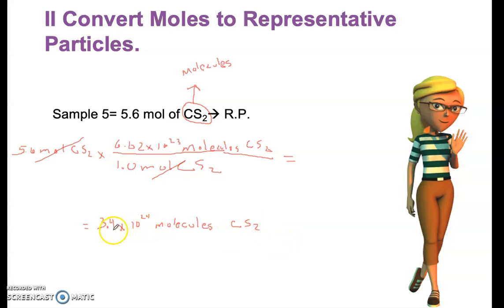Okay, so 3.4 times 10 to the 24th molecules of CS2. All right, let's look at the last example since we have a little bit of time.